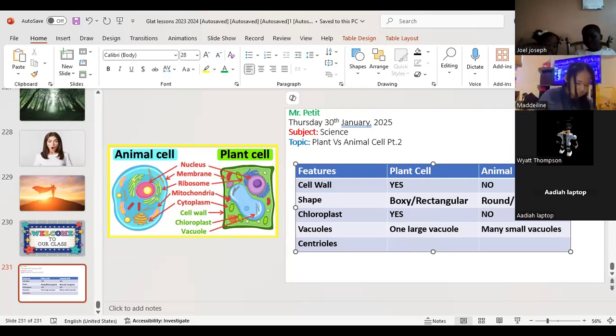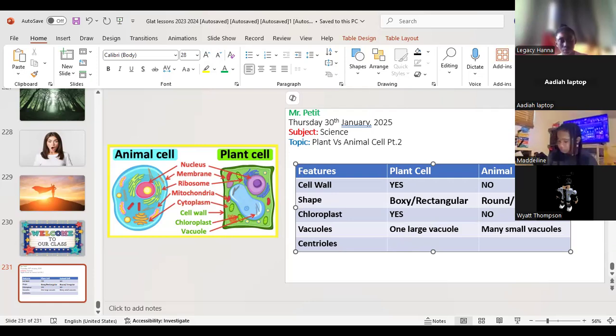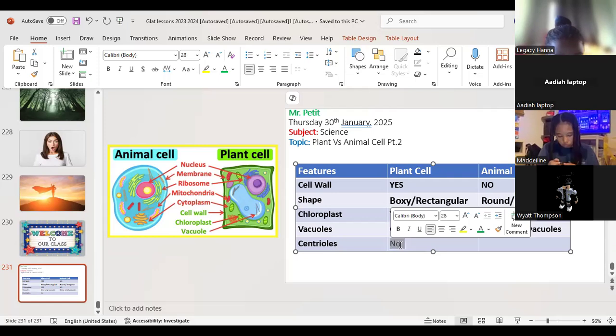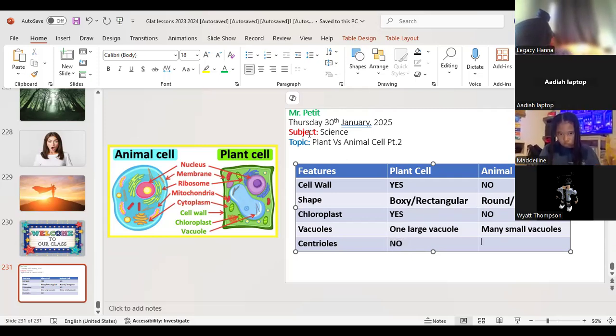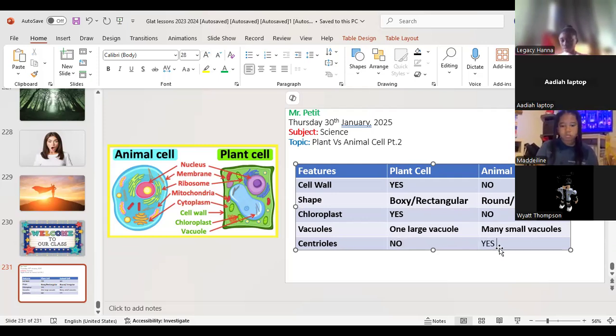So centrioles, animal cells have them, but plant cells do not have them. So we're going to put no here. No, right? And then for animal cell, we're going to have yes, they do have centrioles, right? This is going to help with reproduction, right?